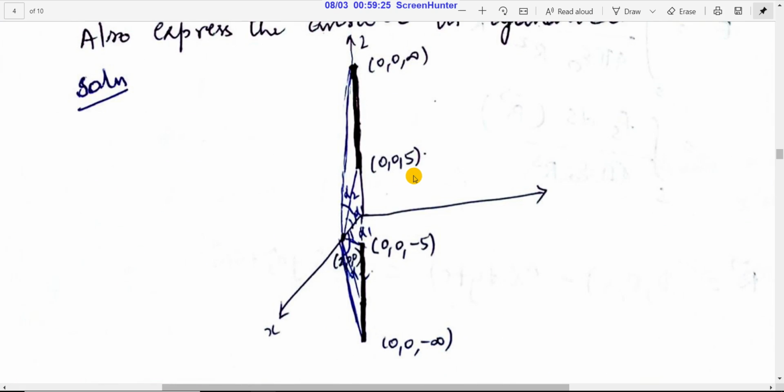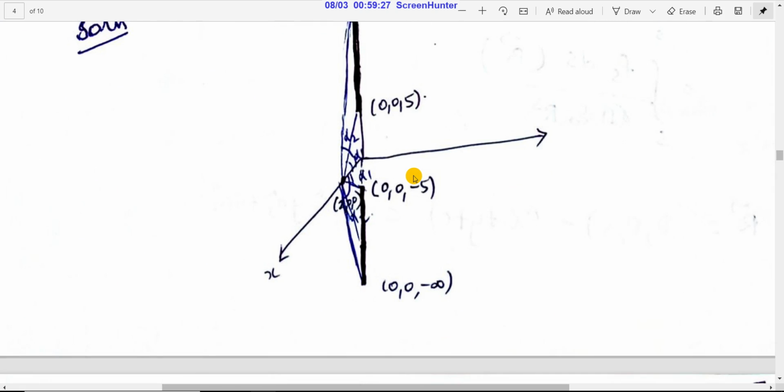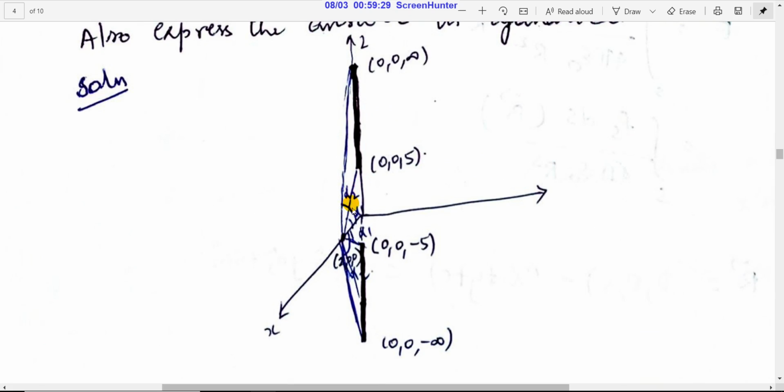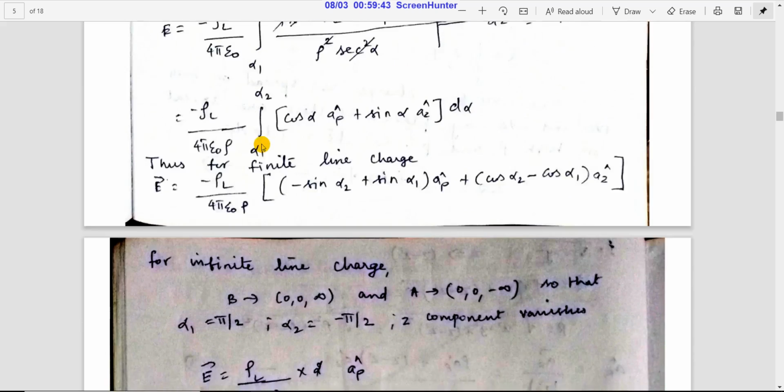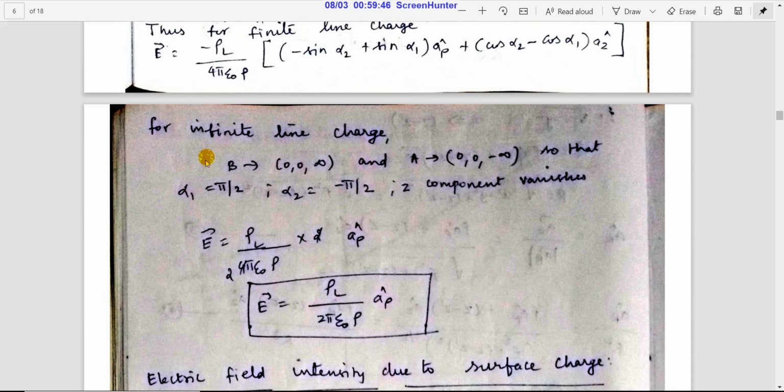What is alpha 2? Alpha 2 is going to be pi by 2. Why are we having pi by 2? Because if this particular edge is going to be at infinity, then this angle is going to be pi by 2. We have depicted this in the derivation itself.